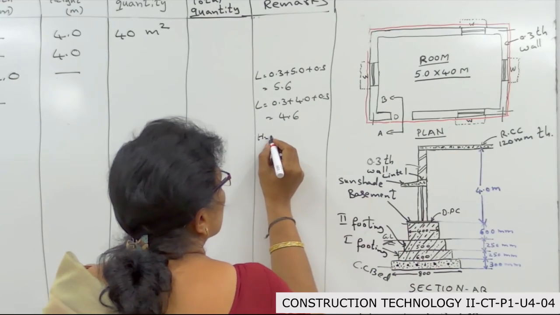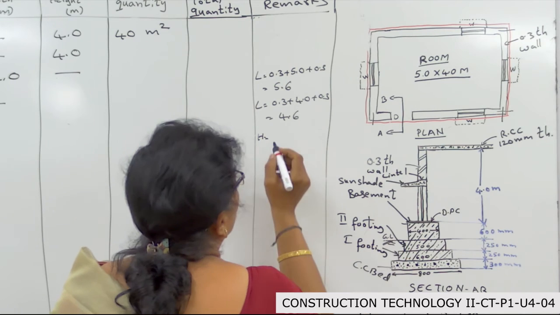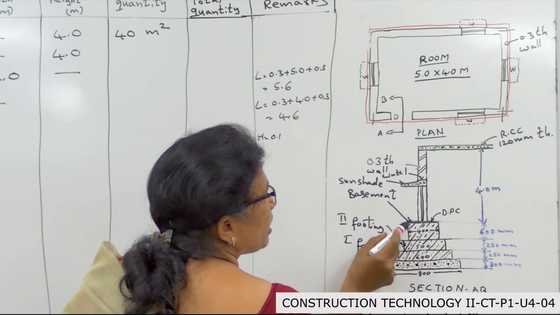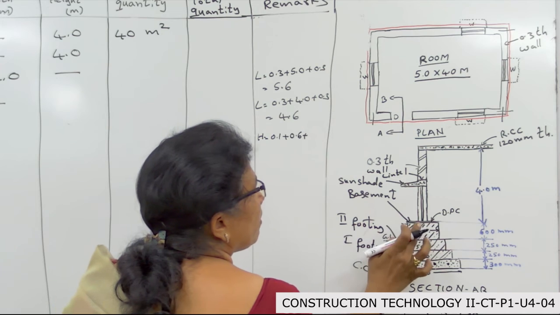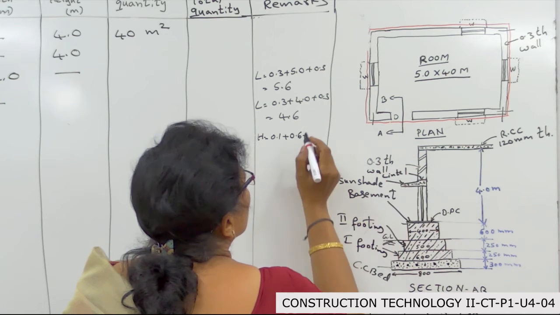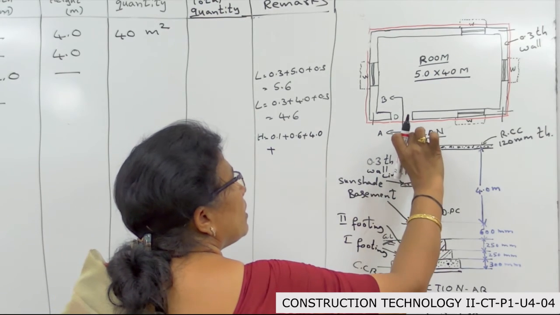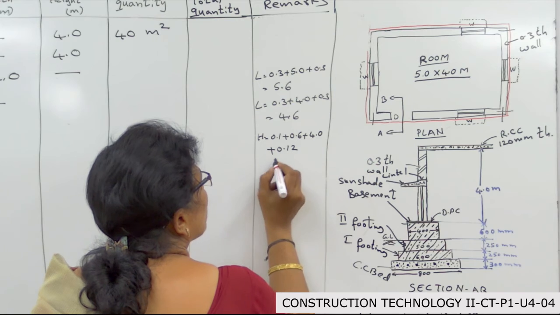all this part you have to do plastering. So below the basement also you will be taking 10 centimeters, that is 0.1. First below the basement 0.1. Here below the basement 0.1. Then height of the basement 0.6.